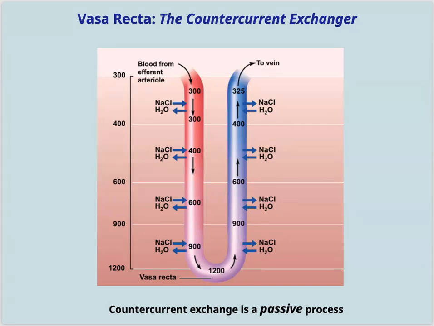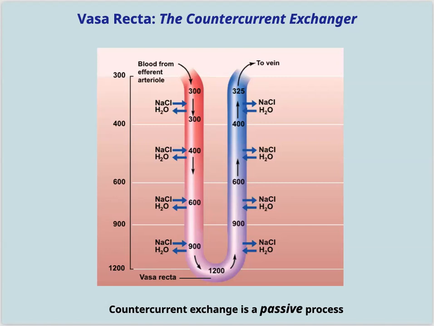And the vasa recta are able to reabsorb water and solute into the general circulation without undoing the osmotic gradient that's being established by our loop of Henle, or in other words, established by our countercurrent multiplier. And so the end result of this arrangement is that the blood flowing through vasa recta removes the water reabsorbed from the loop of Henle.